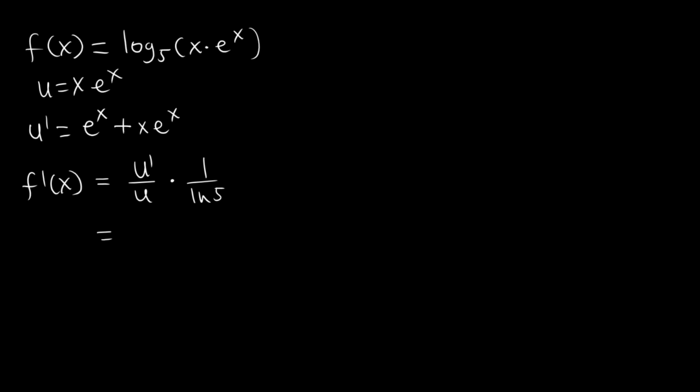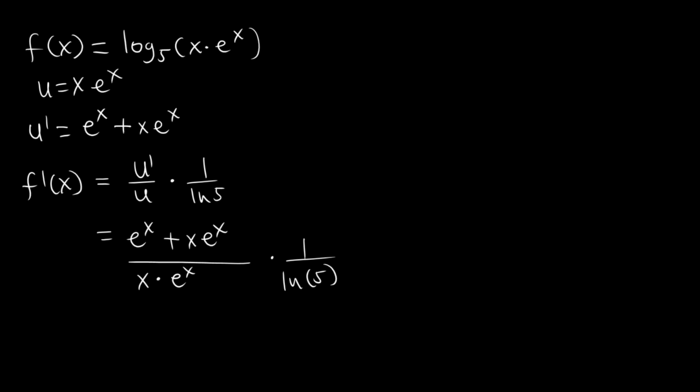So now we know u prime to be e to the power x plus x multiplying e to the power x, all this divided by u itself, which is x multiplying e to the power x, times 1 over ln of 5. At this point, I will factor out e to the power x from the numerator.